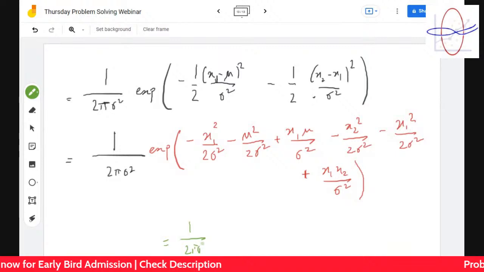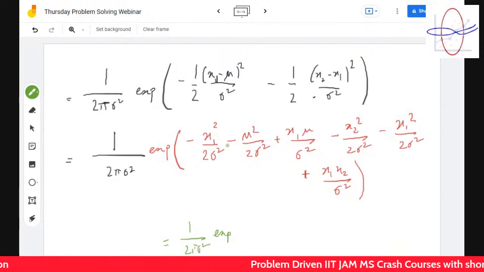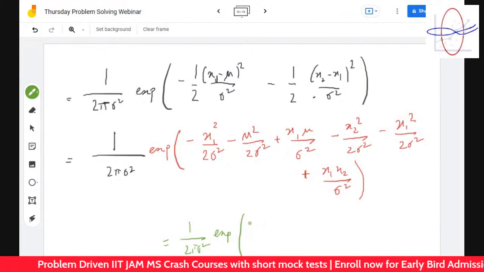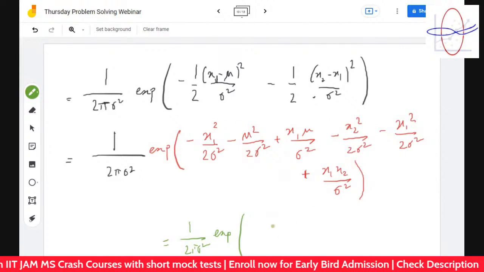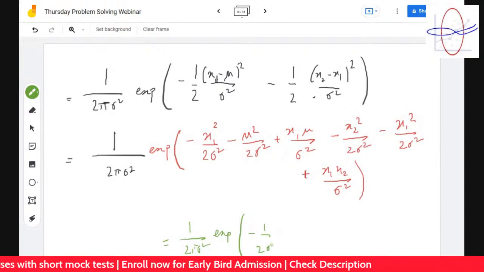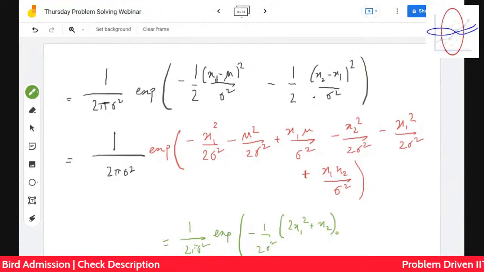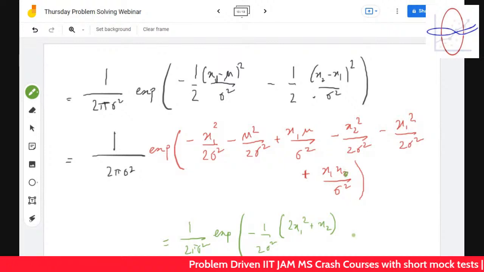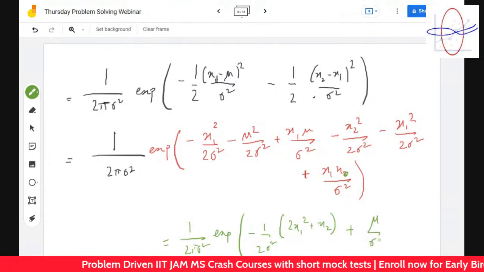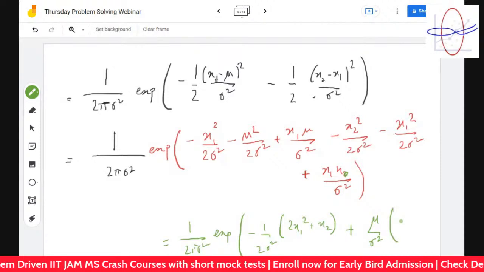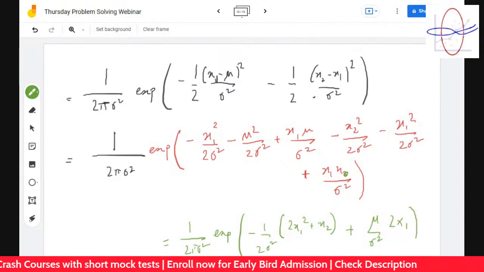So 1 by 2 pi sigma times exponential. Let's club this together. What is the format? It's minus 1 by 2 sigma square times 2 x1 square plus x2 square, and there is a mu by sigma square times twice x1 part.